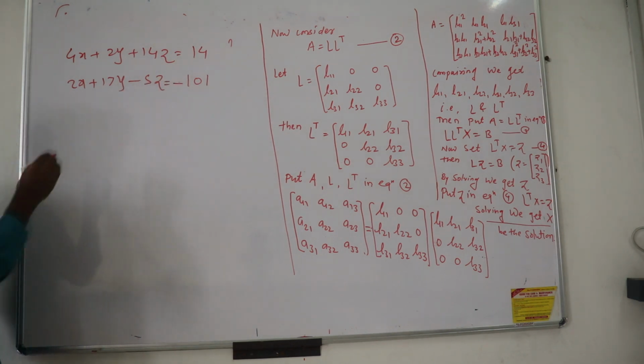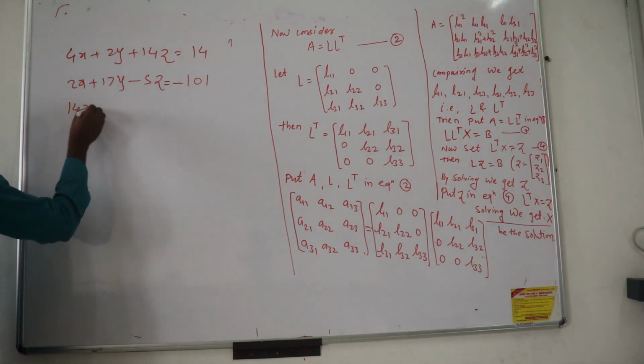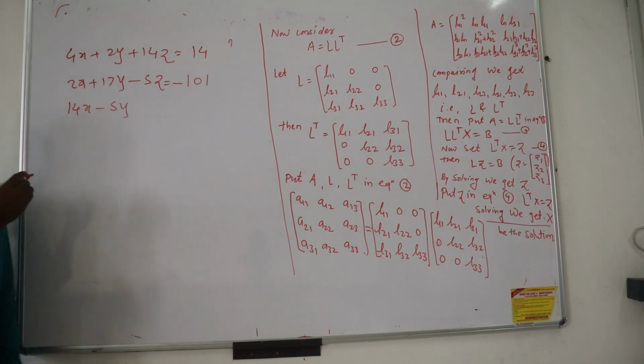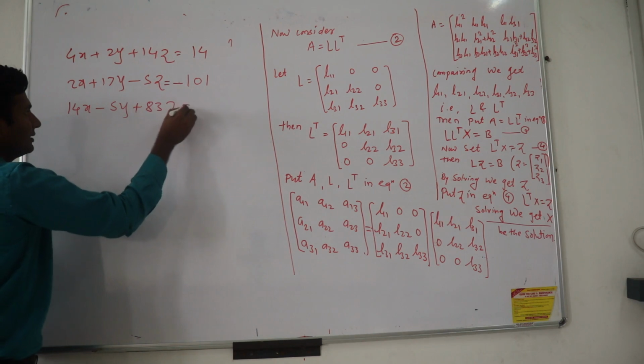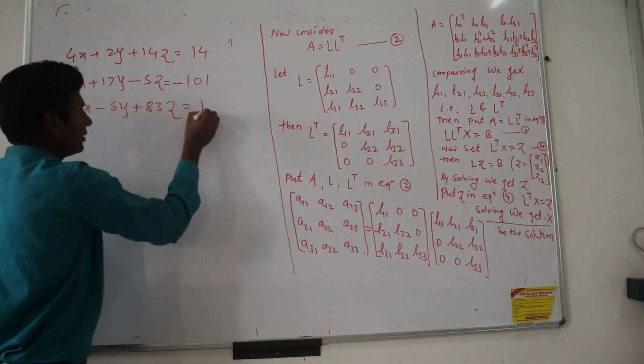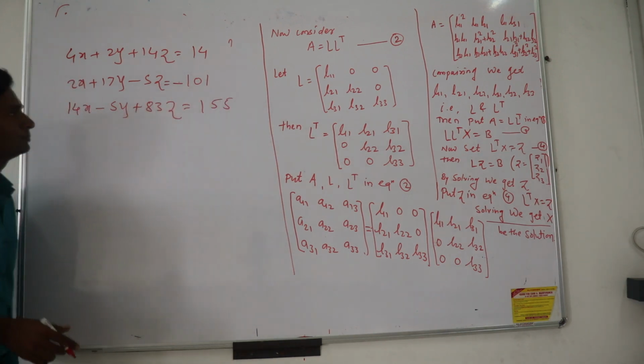And the last one, 14x minus 5y plus 83z is equal to 155.